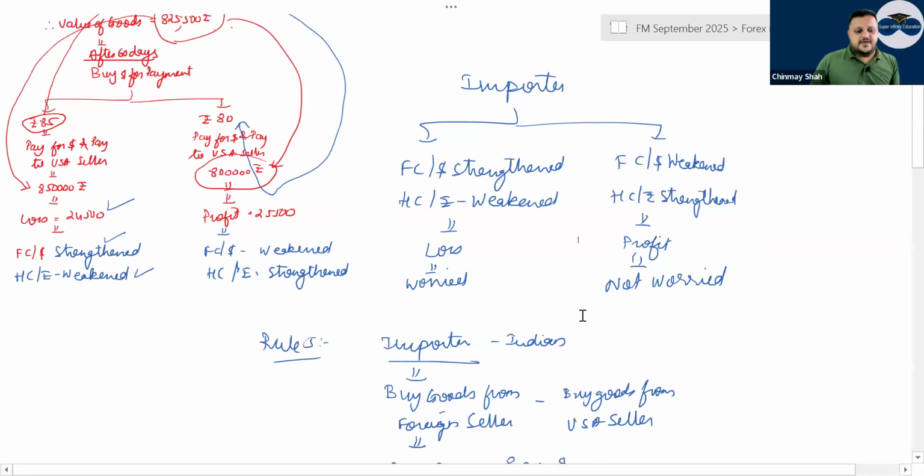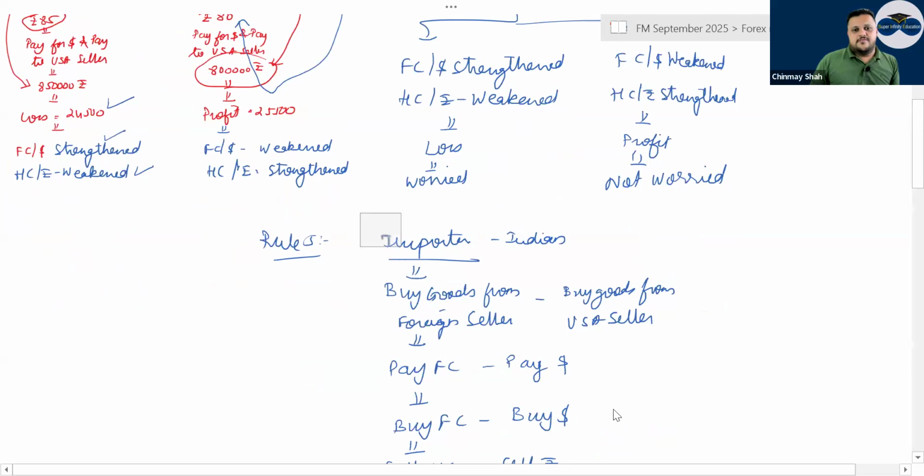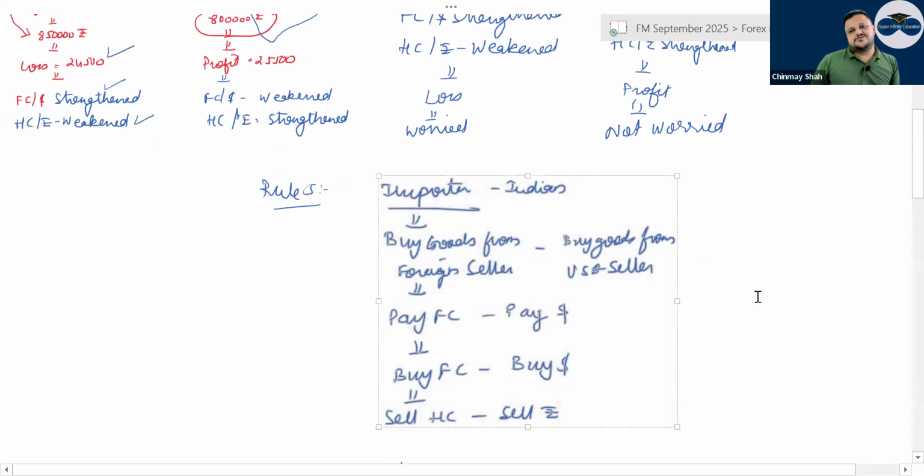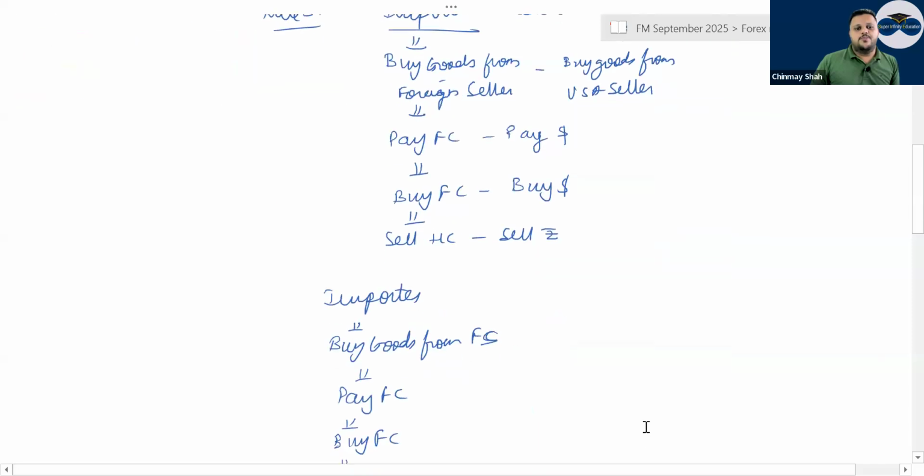Have a look. Importer buys goods from a foreign seller, pays foreign currency. He has to pay foreign currency, but he does not have that foreign currency in his home country. So he has to buy the foreign currency. That only means he has to sell the home currency.